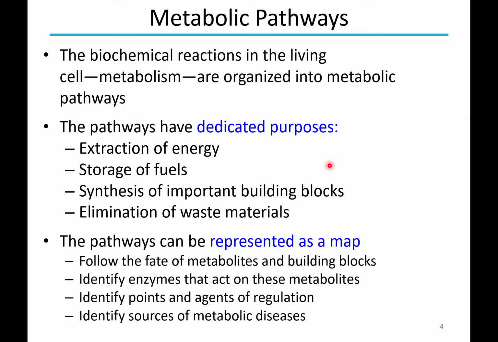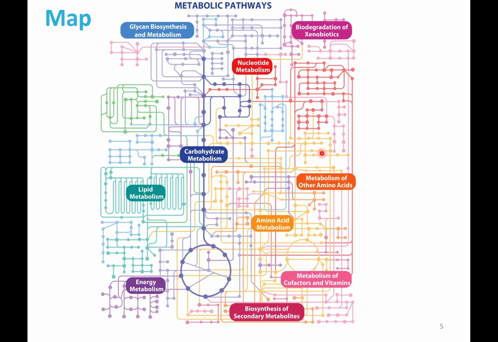Okay, the pathways have dedicated purposes. Extraction of energy or storage of fuels are two examples of that. These pathways can be represented as a map, and that's maybe a more accurate way of doing it, showing them all interconnected. So this would be the idea of a map, right? And they're color coded to give us a little better understanding.